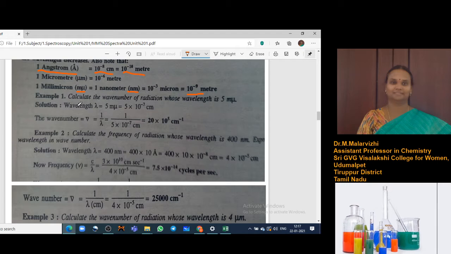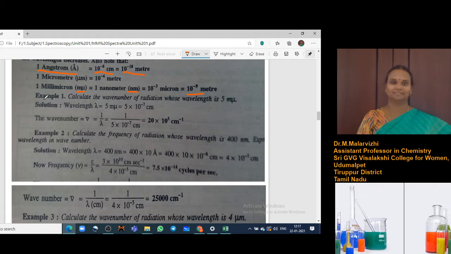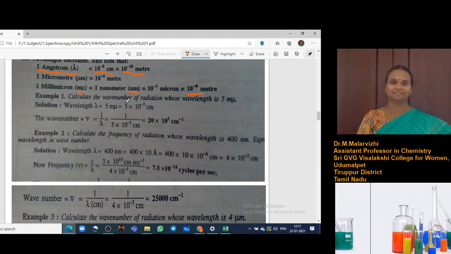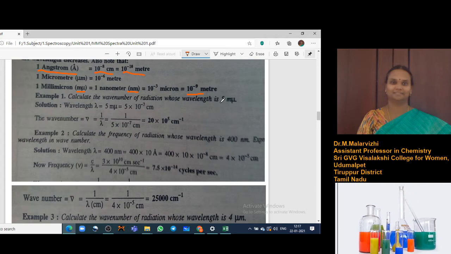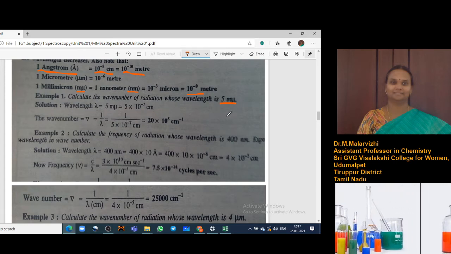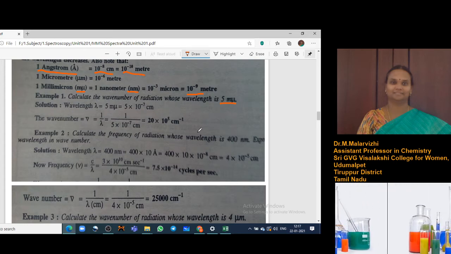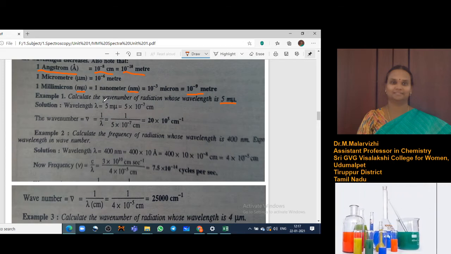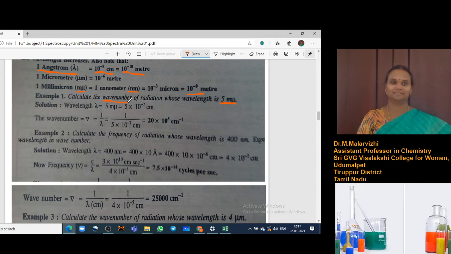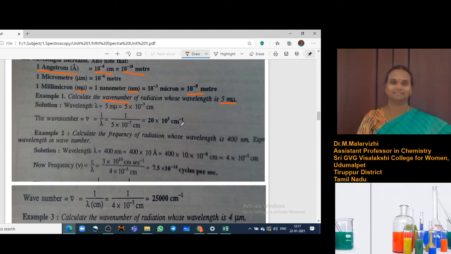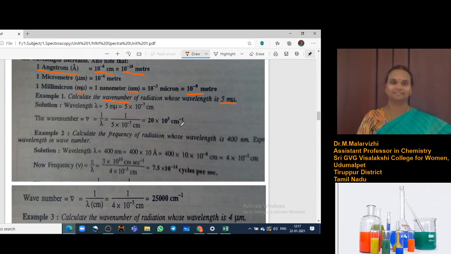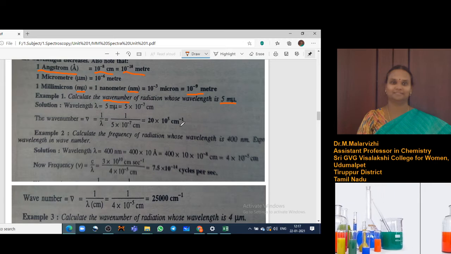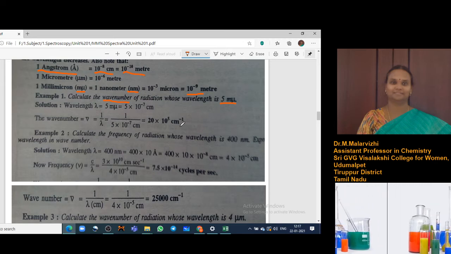Problems. See here, the first example. Calculate the wave number of radiation whose wavelength is 5 millimicron. Whenever wave number is asked, kindly keep in mind that wave number should always be expressed in centimeter power minus 1.